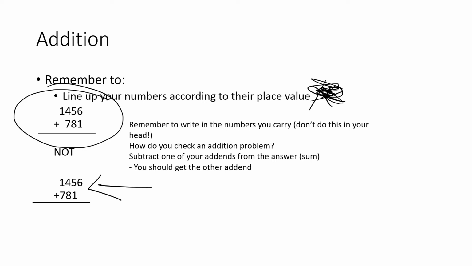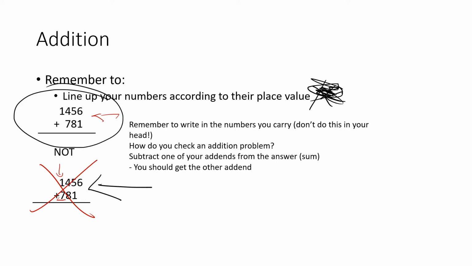The 7 in 781 is in the hundreds place, but what is it lined up with? What is this 1 here? This guy's in the thousands place. Such a thing should not be. So do not do this. Make sure your ones column is lined up properly like that. Don't be responsible for the death of a puppy.